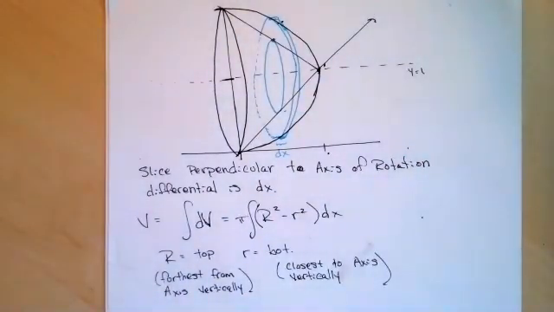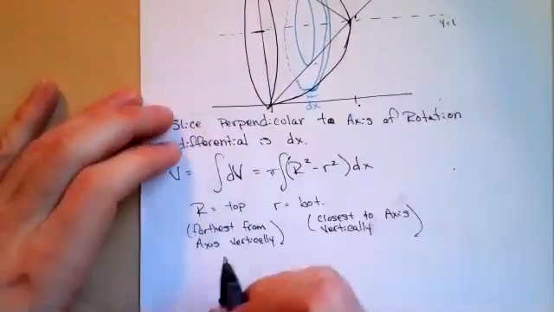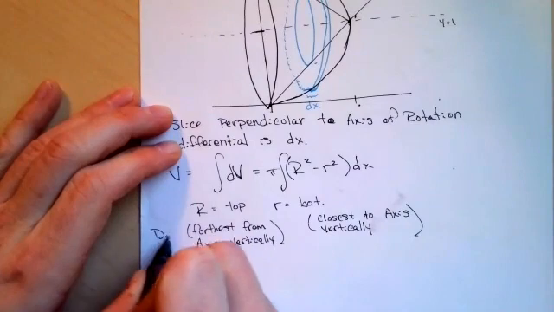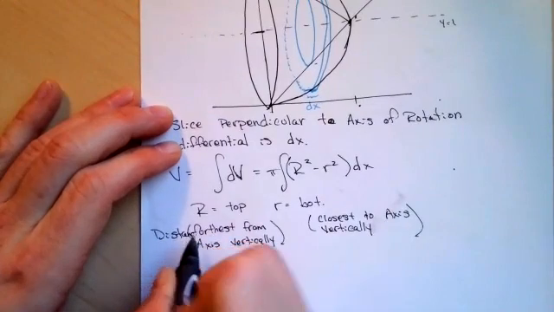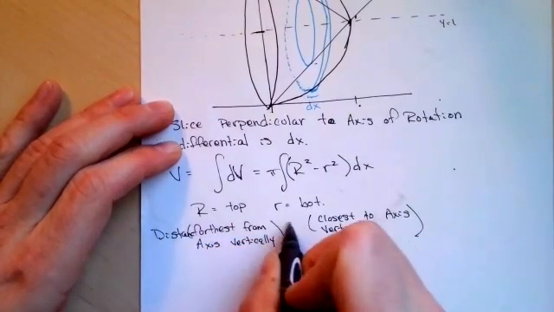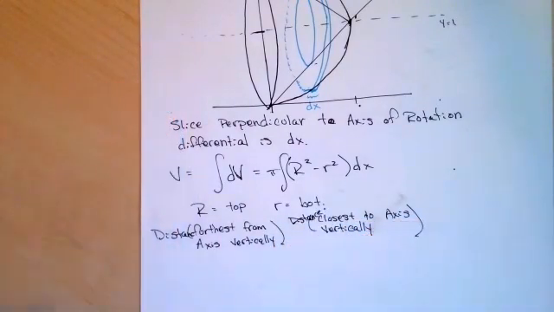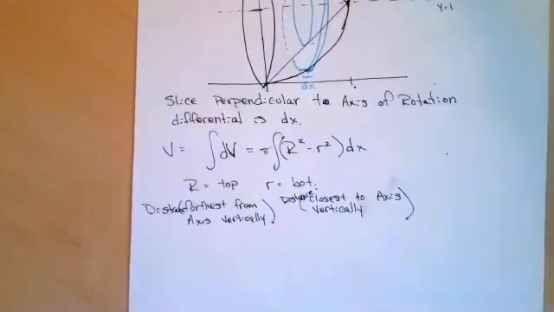Even that isn't the best descriptive terms, because it's not a function, top minus bottom. I guess we should say it's the distance. Here, let's actually add, I can put my quotes in there. Let's say the distance furthest from the axis vertically, and the distance closest to the axis vertically for our inner radius.